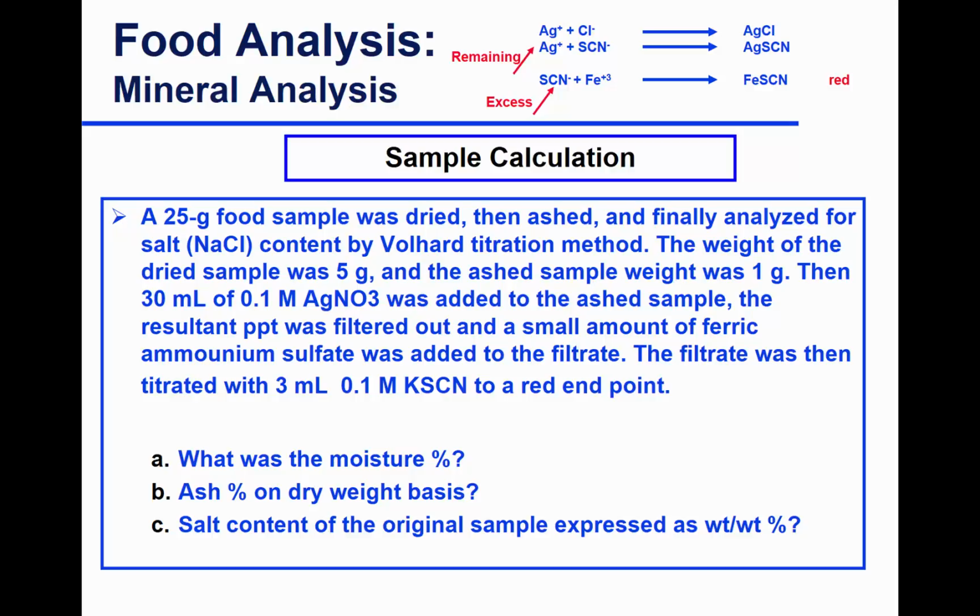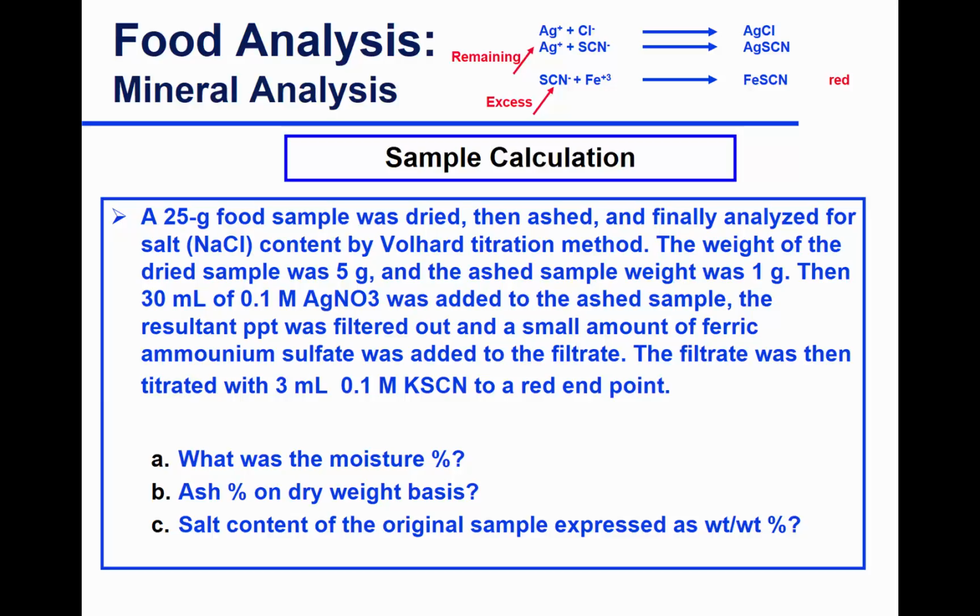You look at the KSCN added and then find out how much of the silver nitrate reacted with chloride. Yes. So what do you calculate? Do you calculate mass or moles? Moles. So you get the moles. Okay, so you're right there.